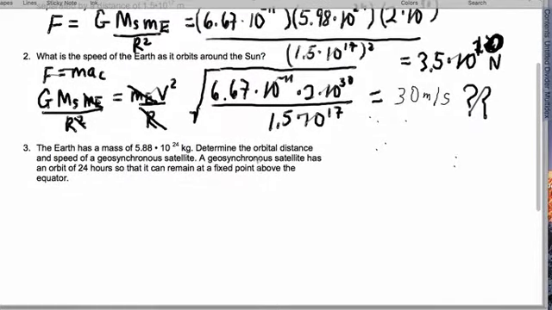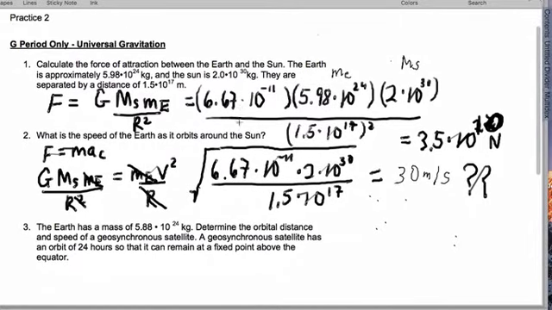Now, the orbital distance of a geosynchronous satellite, we had actually talked about this particular question. So we have an orbital period of 24 hours.